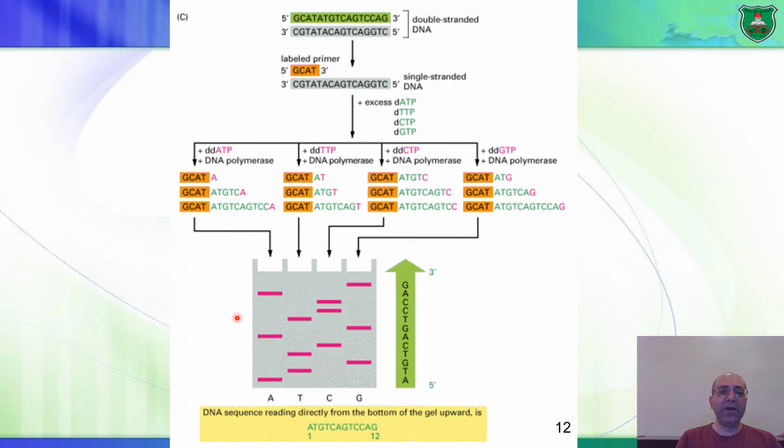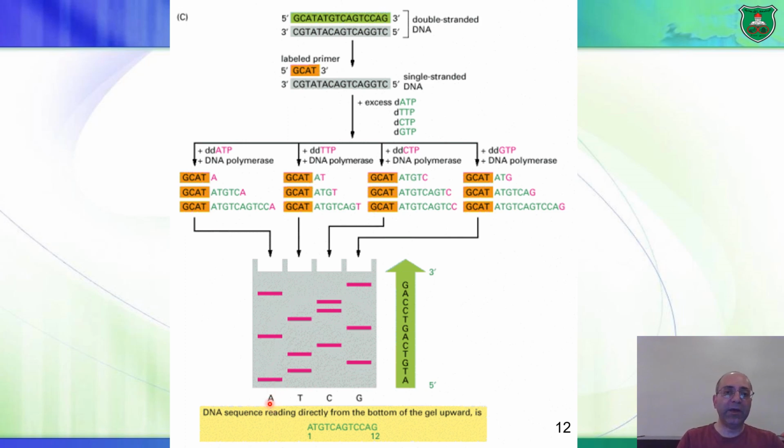So we have the large fragments on top, we have the small fragments in the bottom right here. These differ by just one nucleotide, and the resolution of the gel is really high. So we can separate the DNA fragments based on size, even if they differ by one nucleotide.